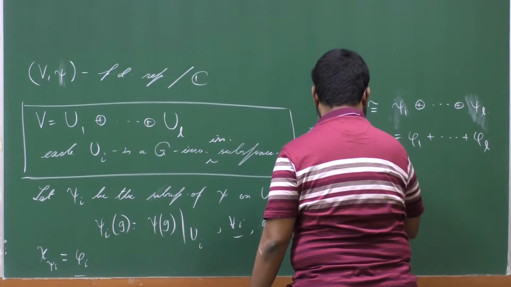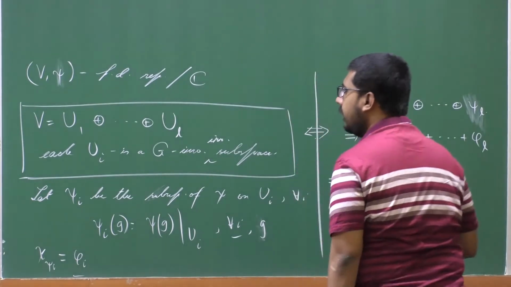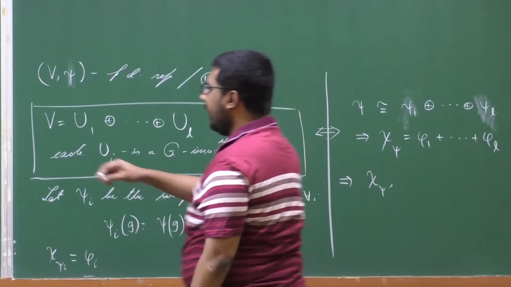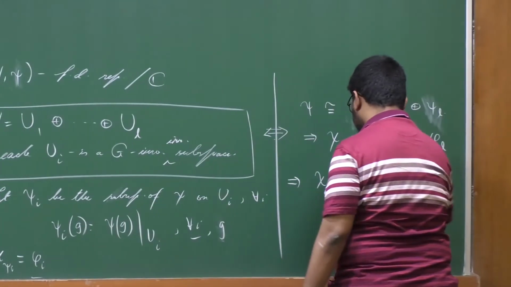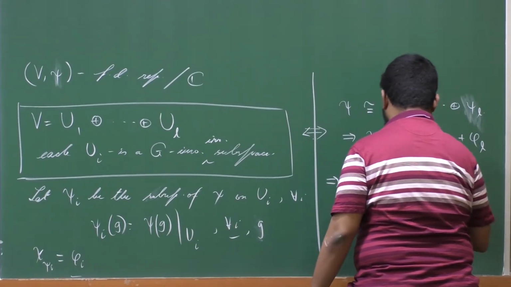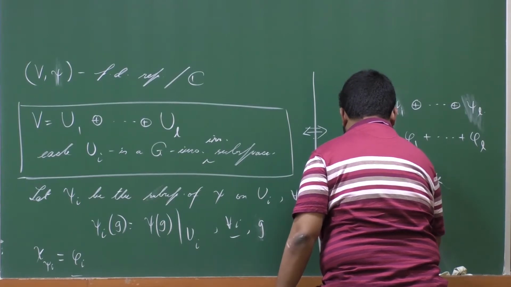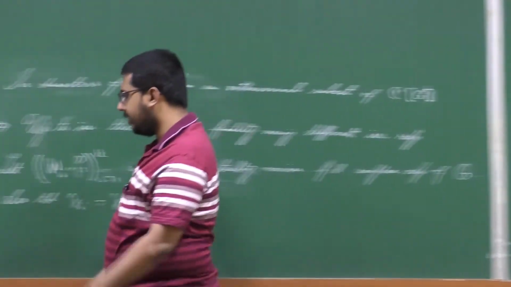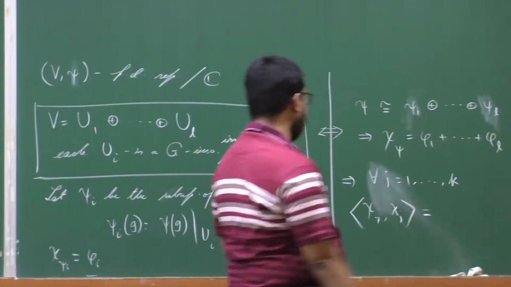So, now what follows immediately is this: for each j from 1 up to k, it follows that the inner product of chi psi and chi j is basically these products, because of the inner product.